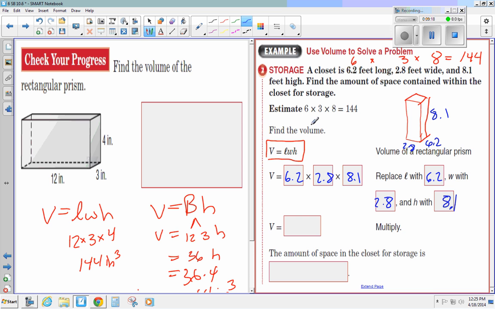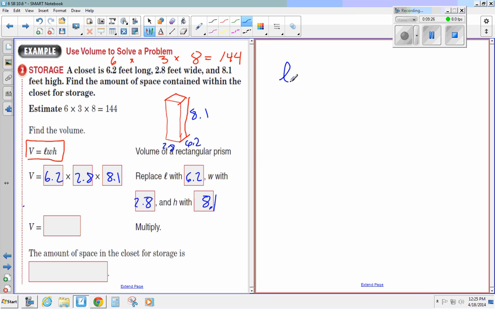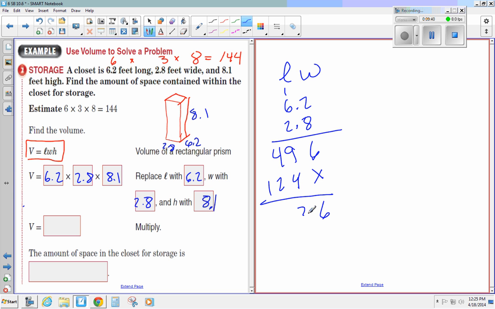And unfortunately, it's going to cause the numbers to be kind of screwy. Meaning you first have to do length times width, which is 6.2 times 2.8. So the area of the base is 16.36.